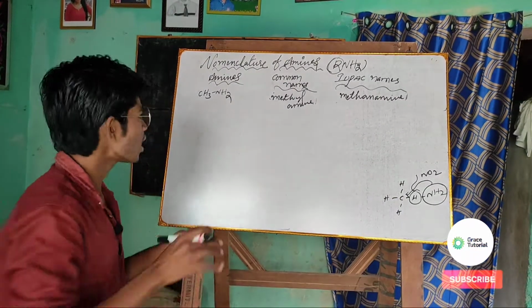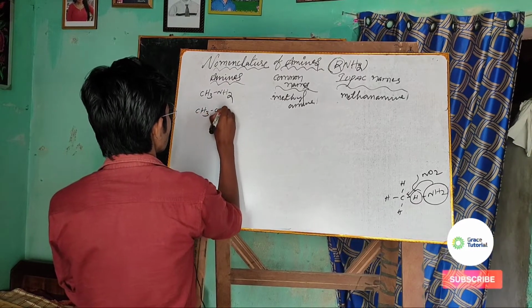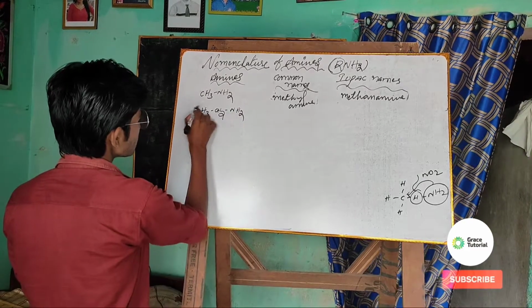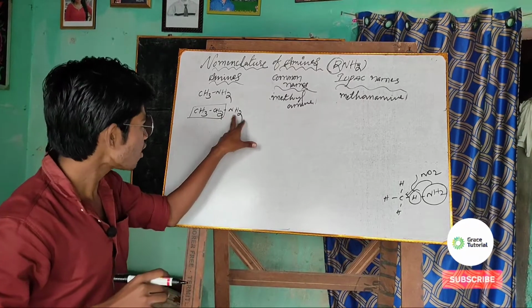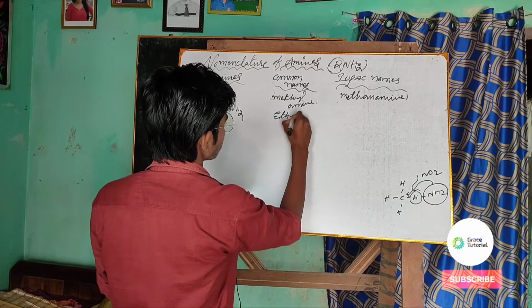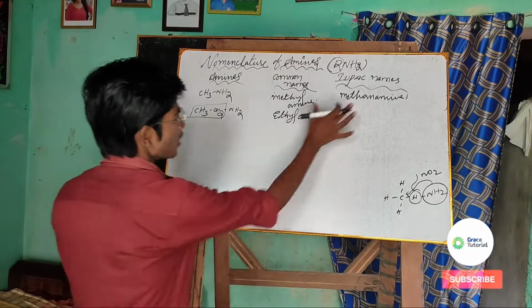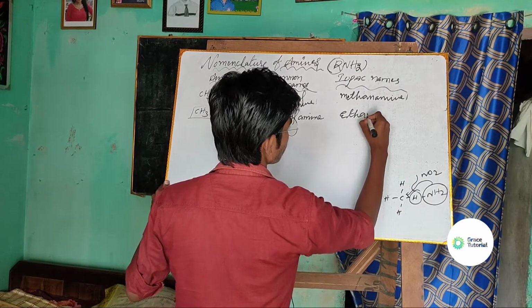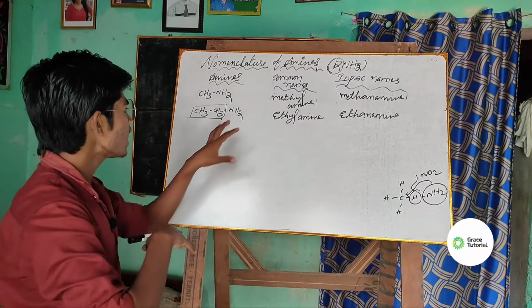Similarly, let me write one more, that is CH3CH2NH2. CH3CH2 is basically an ethyl, and ethyl reacts with amine, so this is ethylamine. Similarly, in the IUPAC name, here it is ethanamine. That means here this ethane group.